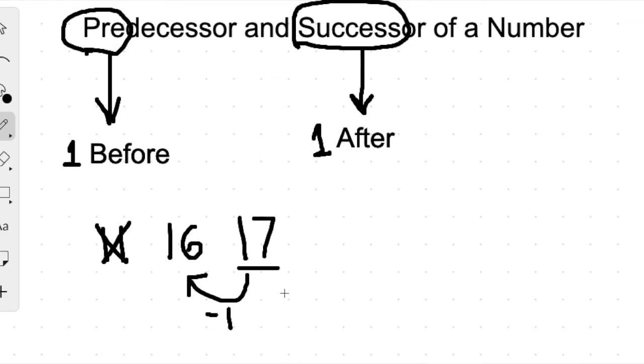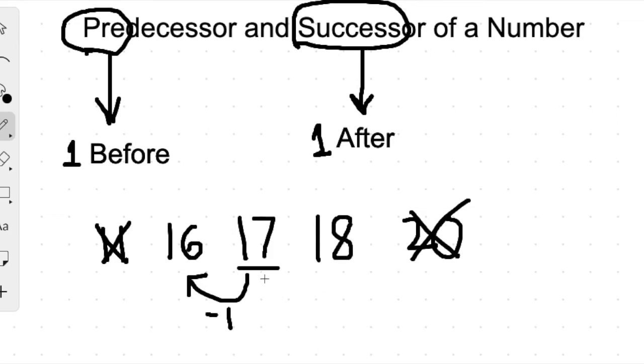Similarly, successor of a number, let's say here we have 17, successor of 17 is not 20 or any other number which is after 20 or even 19. We'll have to cross this because that's not successor of 17. Successor of 17 will be 18.